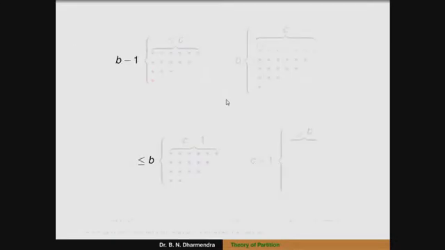Here B minus 1 parts is the number of rows, that is, the number of rows must be B minus 1, and the number of columns is not exceeding C, that is less than or equal to C. We can consider it like this, and we can add, then what is the next step?